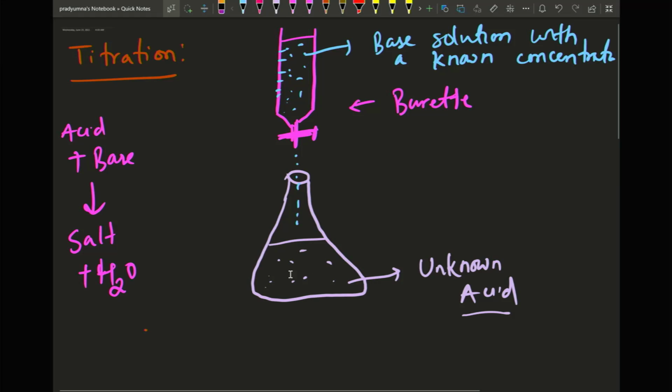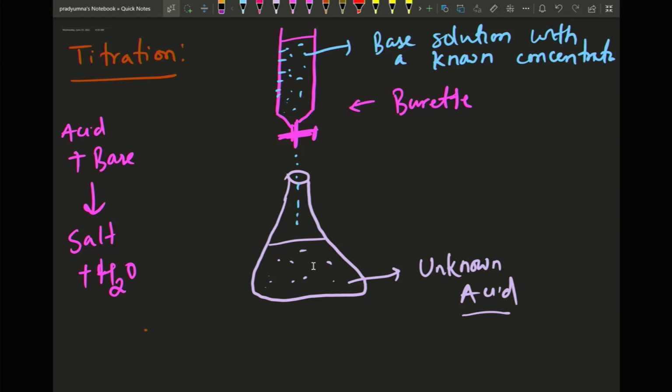So what happens? You have acid here and you are dripping base from the top. The acid and base neutralize, so they keep making salt and water. Eventually you'll get to a point where all of your acid has been neutralized. Remember, everything must be balanced. That point is called the neutralization point.